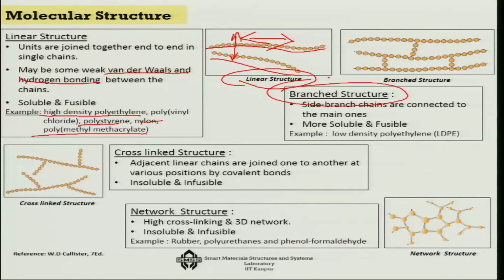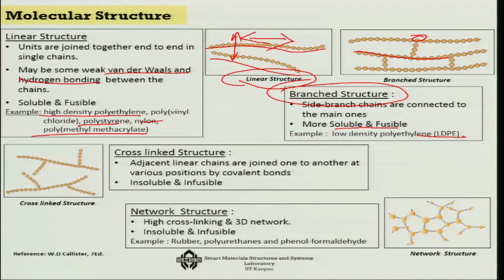That means there are side branches or chains connected to the main ones chemically. But with another such link, there may be only, once again, hydrogen bonds or van der Waals bonds, etc. So they are more soluble and fusible, and low density polyethylene is one of them. So that is linear, but there are some branches with them.